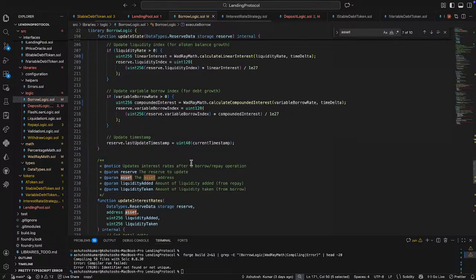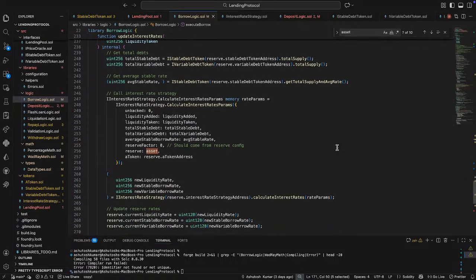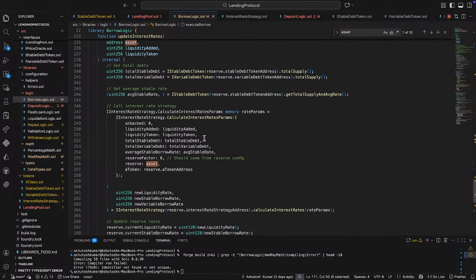Why is there? We are taking get total supply and average rate. Total liquidity added, liquidity taken, total stable debt, total variable debt, average stable rate. Okay, we have the total rate.